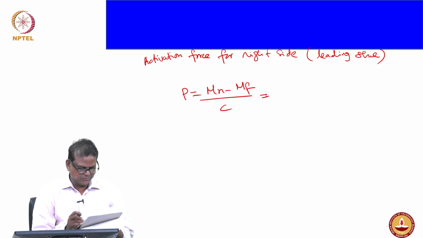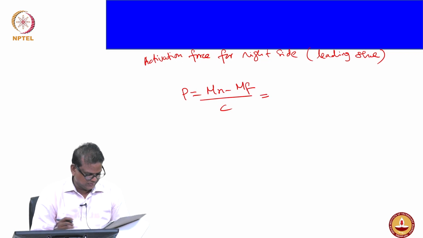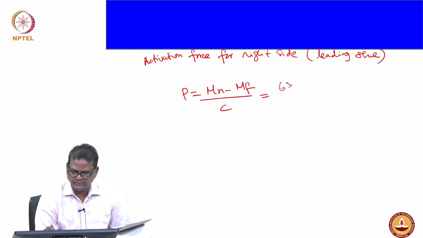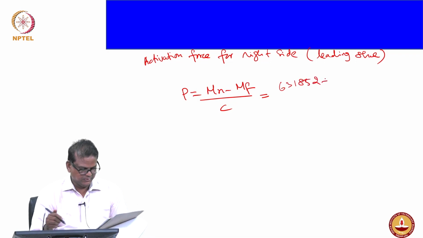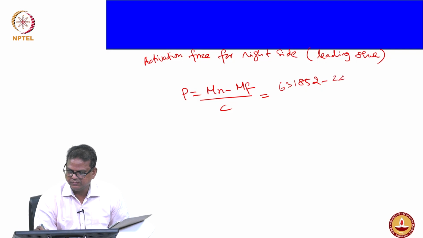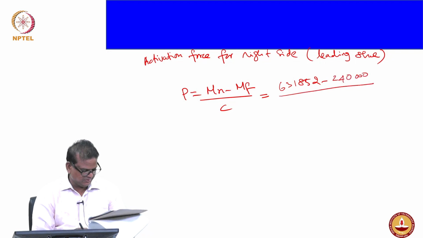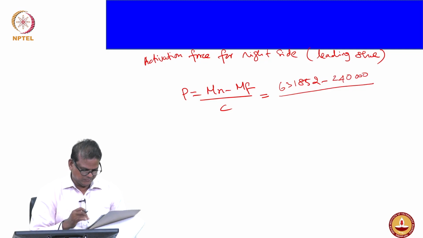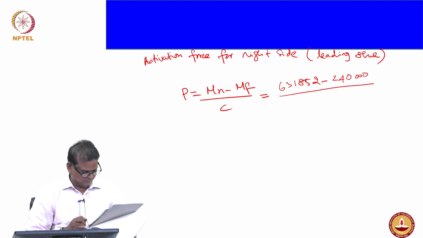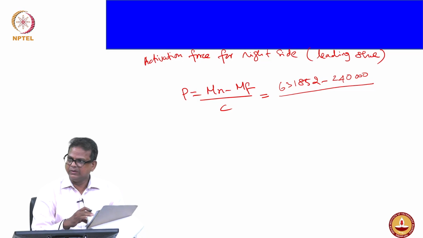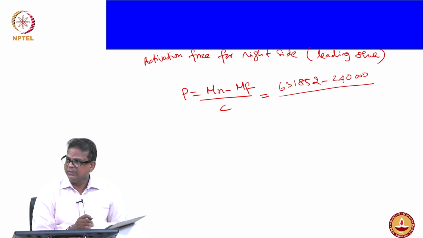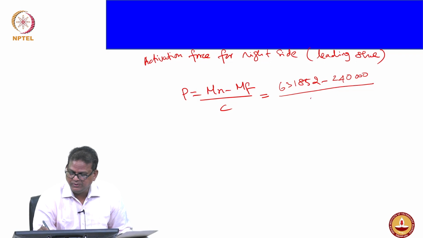So you know the value of Mn, we already know that, 631,852 minus 240,000, divided by, what is the c value? 187.5.